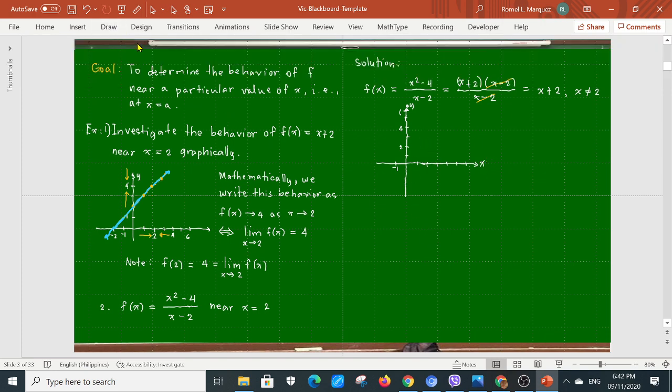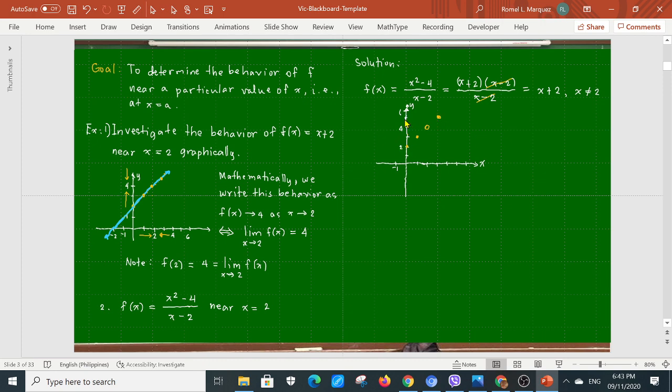When x is 0, we have y equals 2. When x is 1, y equals 3. When x is 2, we have y equals 4, but it's a hole, meaning it's open. And when x is 3, y equals 5.